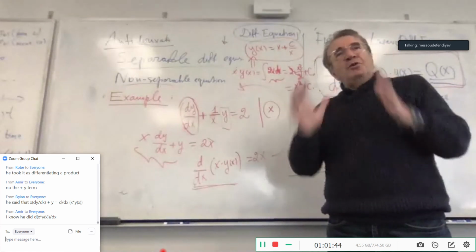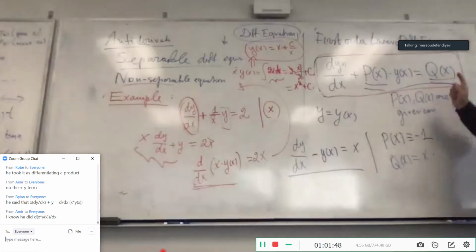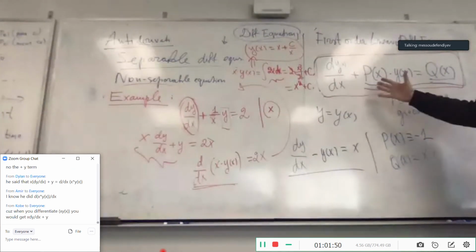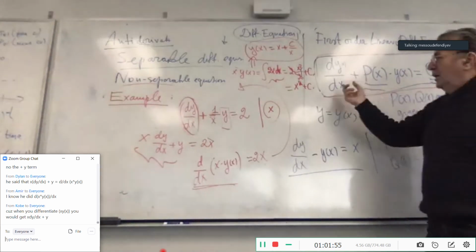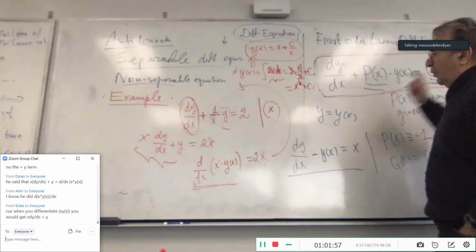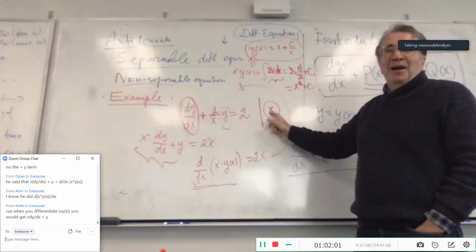If the non-separable equation is linear, in this form, then I will show you the explicit formula for the solution. In the particular case, when we take P of x and Q of x like here, we obtain that we have to multiply by that.